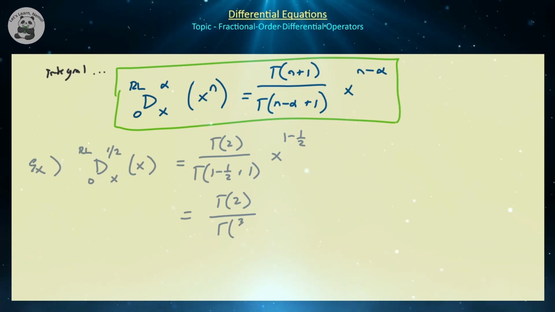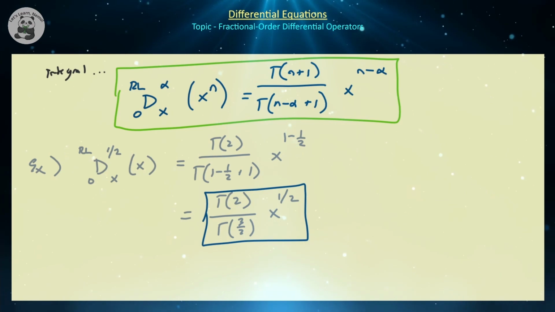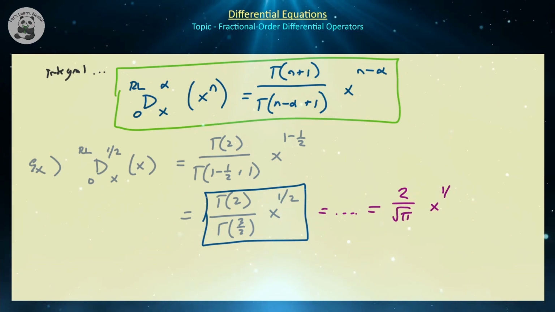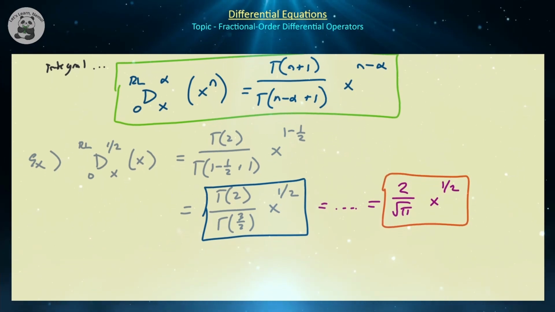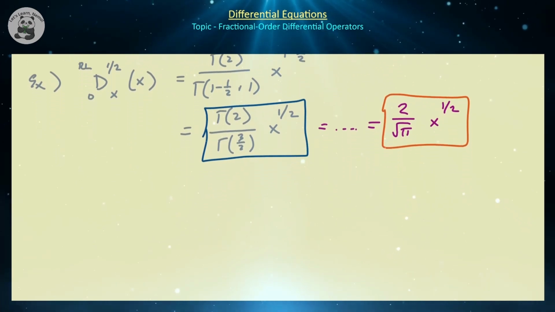That's going to be equal to 3/2. And then over here we have 1 minus 1/2, which we know to be equal to 1/2. So if you don't know any gamma identities, then that would be perfectly fine. But using some other simplifications, one can find that this is actually equivalent to 2 divided by the square root of pi times x to the 1/2, and that probably would be a more preferred answer for those of you who do know some identities for the gamma function.